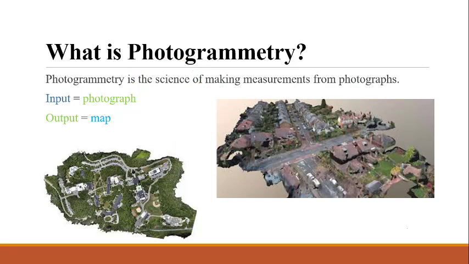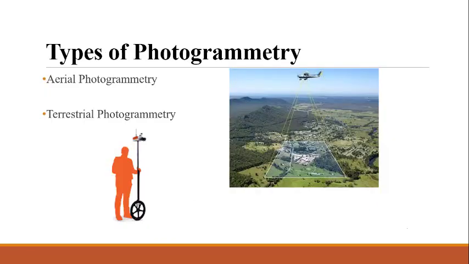So now we want to see the types of photogrammetry. There are two types majorly used. The first one is aerial photogrammetry and the second one is terrestrial photogrammetry. There are two figures given.